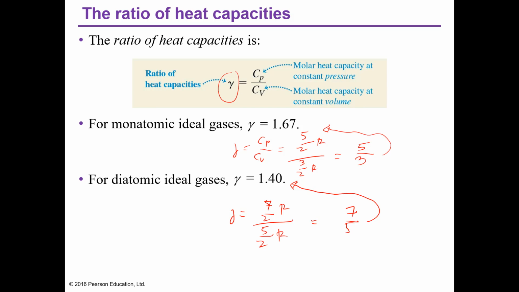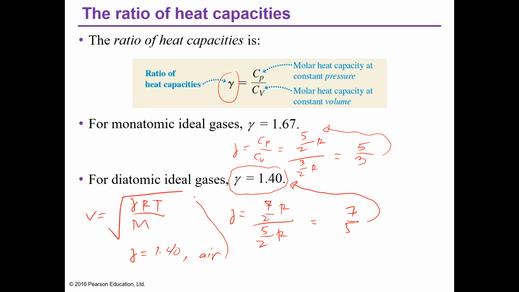Notice, you may remember in our last subject, gamma is equal to 1.4. We used it for the speed of sound. If you recall, the speed of sound is equal to the square root of gamma RT over M. And we used gamma as 1.4 because we consider air a diatomic ideal gas.